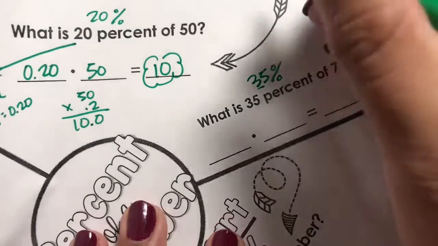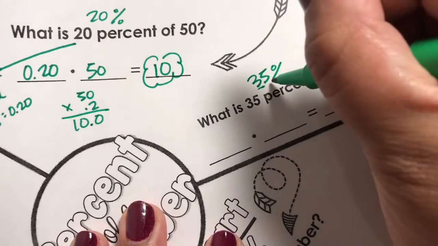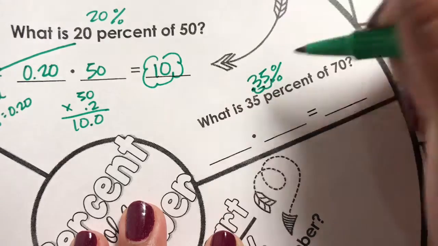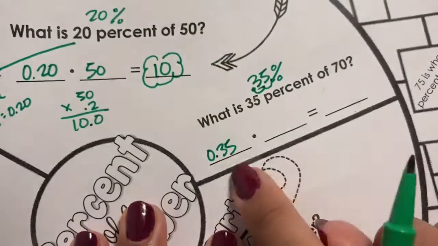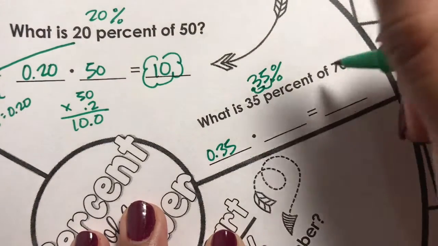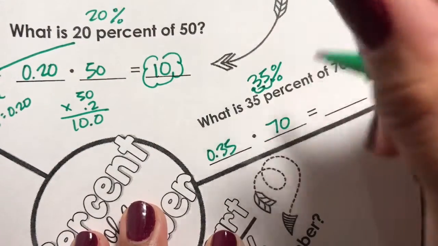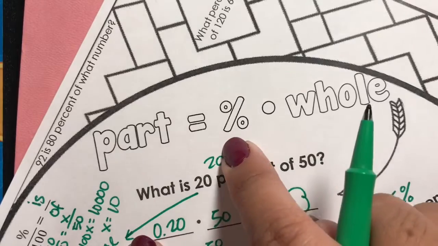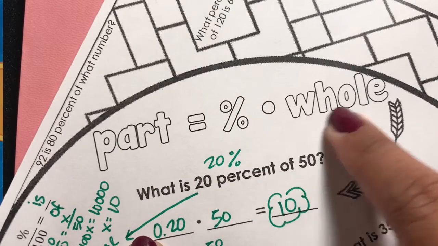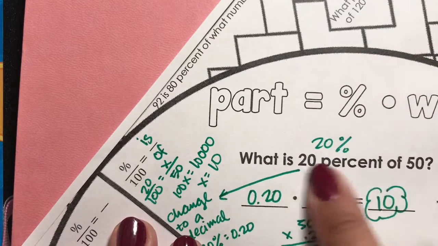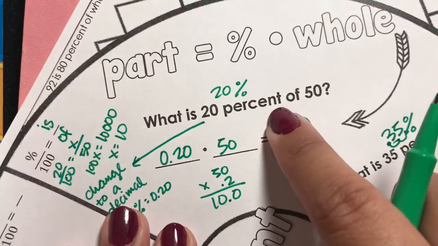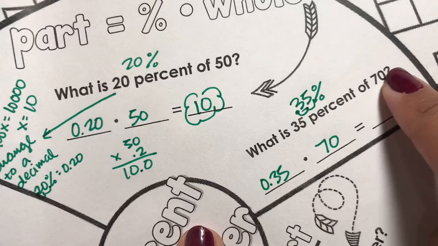35% of 70. So if we turn this percentage into a decimal, it's going to be 0 and 35 hundredths times our whole, which is 70. So just remember that. Part equals percent times whole, because we're just trying to remember, for this type of problem, what is 20% of 50 or what is 35% of 70?